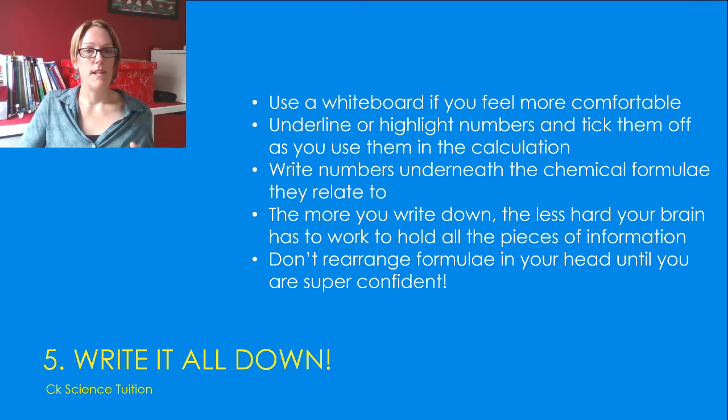And then they will proceed to not write that down, and then they will just put the numbers in the wrong way up. And then they're not estimating, and so they're not realizing that their number is 50 times too big. So write it down, start with the formula, see what numbers you have, put those numbers in.